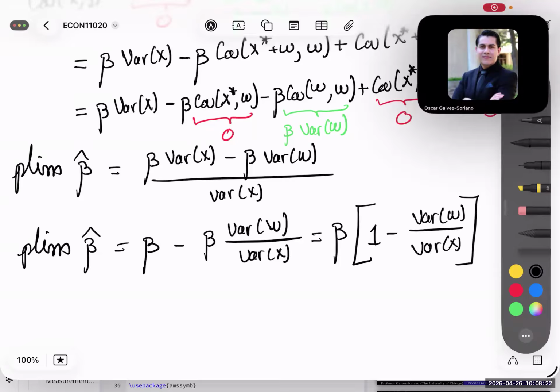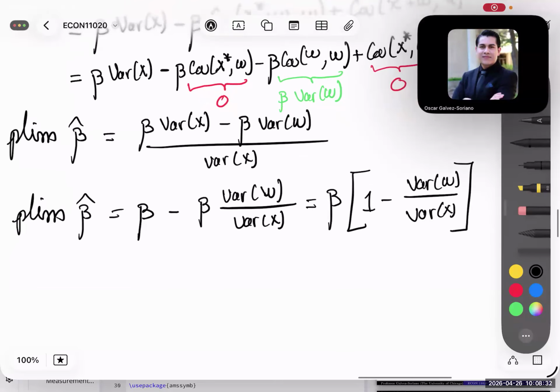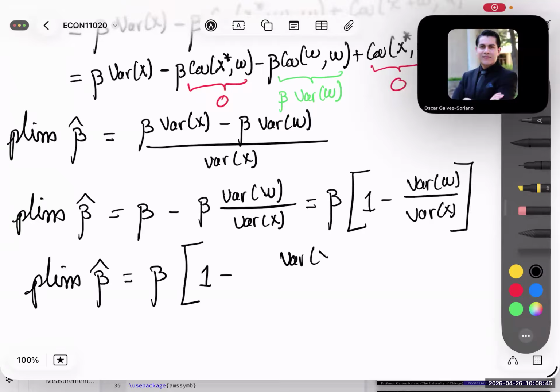So it has to be the case that you have the variance of the sum of two random variables that are independent, which means that we can simplify this probability limit as beta times 1 minus, here in the numerator, we still have variance of w, but in the denominator, you have the sum of the two variances, variance of x star and variance of w.